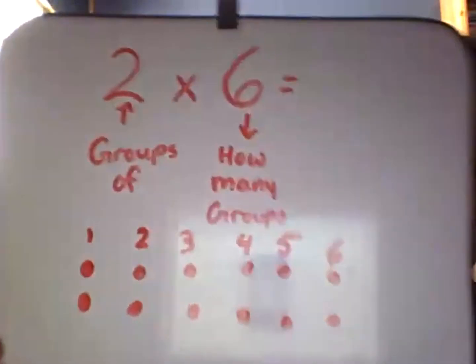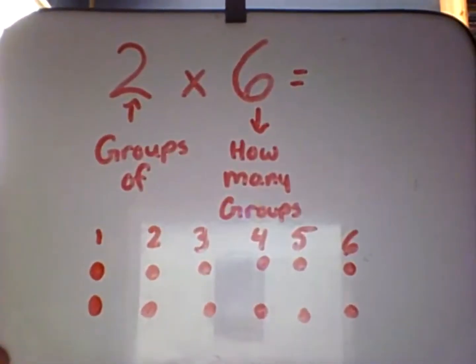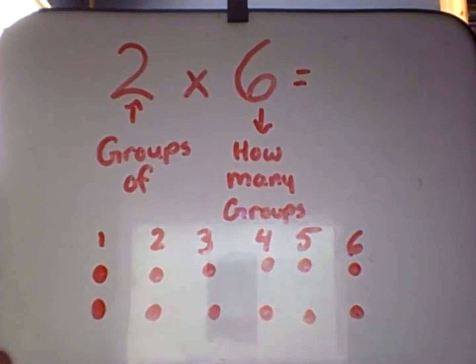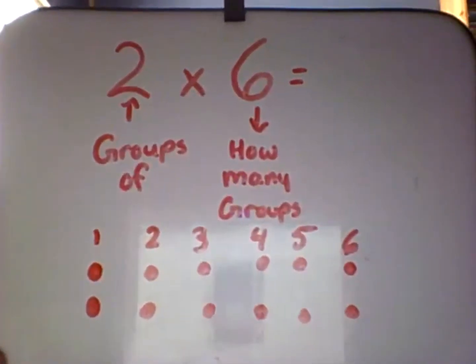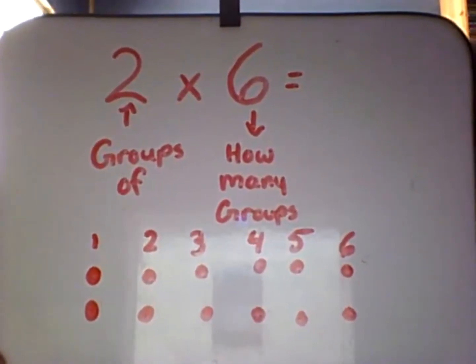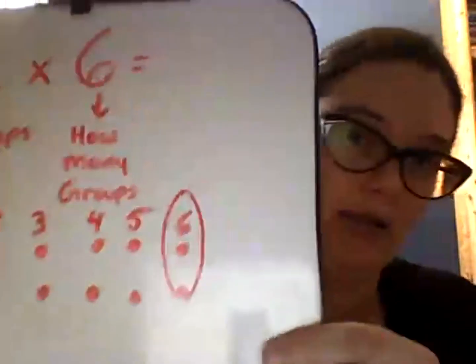Let me get that clear on the camera. And we'll leave that there for a second for you to see. So you can see our 6 groups, and you can see in each group there are 2 items. So each of these represents one group of 2 items.